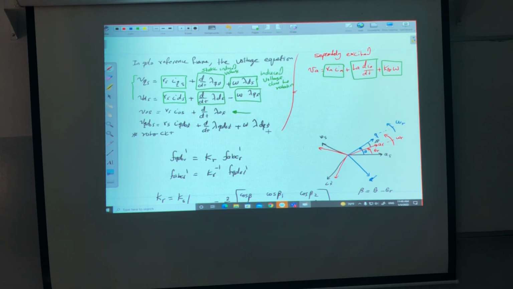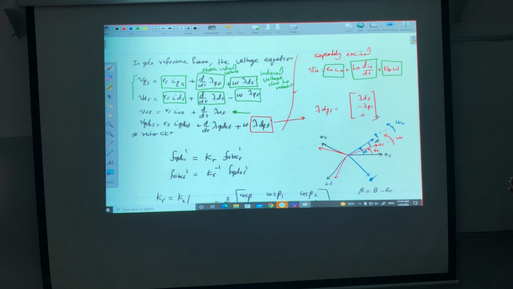So I need to define this term, which is new for us. Lambda dq of s will equal lambda d of s, minus lambda q of s, 0. And if we define a term, it will solve everything.